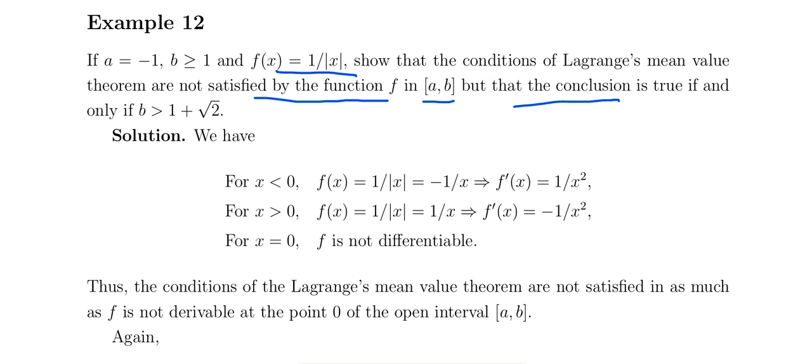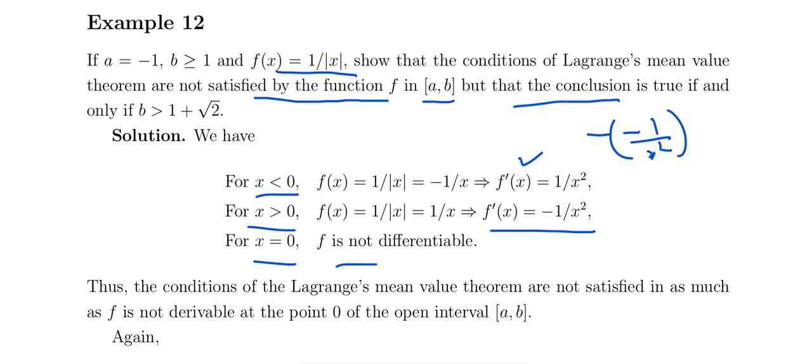So when x is less than 0, f of x equal to minus 1 by x. The derivative of 1 by x is minus 1 by x square. Minus 1 by x square, since there is already a minus, that becomes plus 1 by x square. If x is greater than 0, it is plus x. So f dash of x equal to minus 1 by x square.